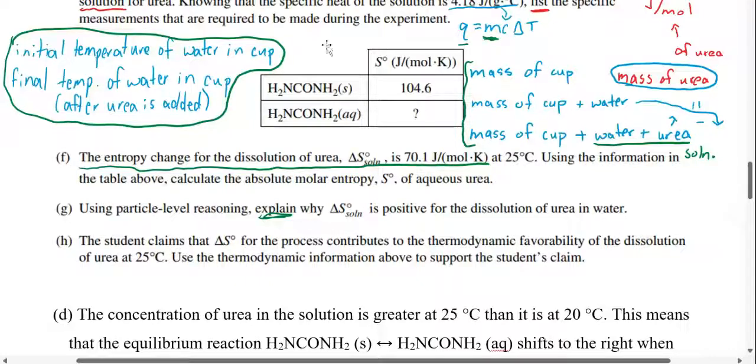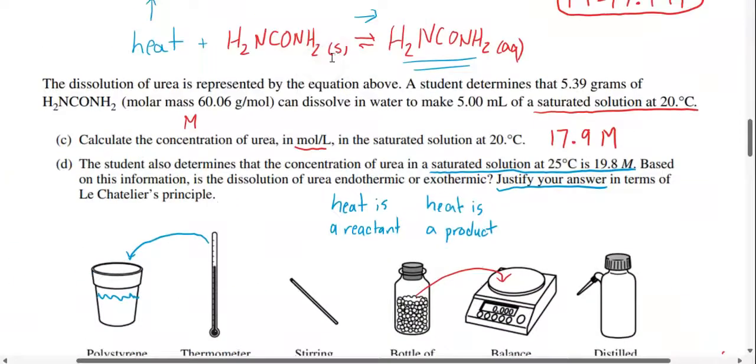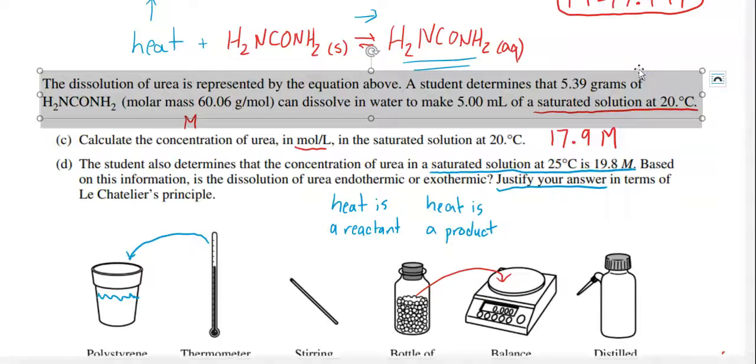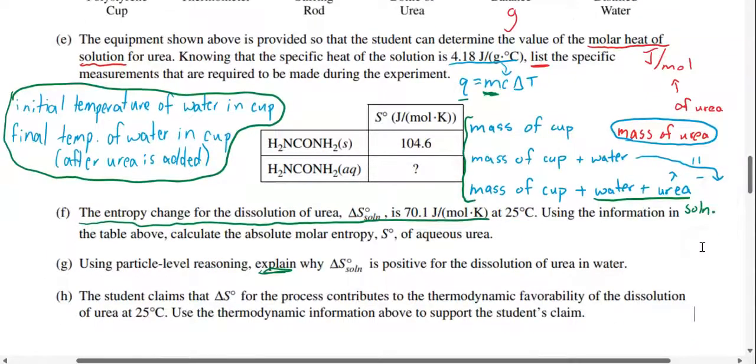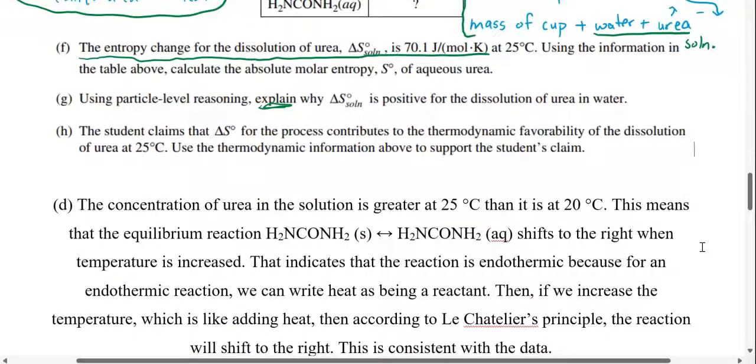And this makes sense because we're going from solid to an aqueous. So in a solid, it's a crystal structure. There's more order to it. And then when it dissolves, we're breaking some of those intermolecular forces holding the urea molecules together. And so there's a higher degree of freedom. So I'm just basically going to describe that.